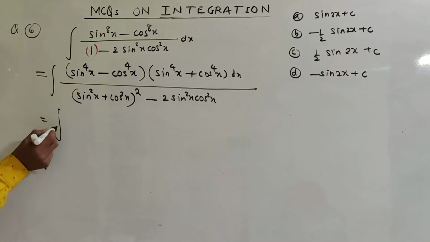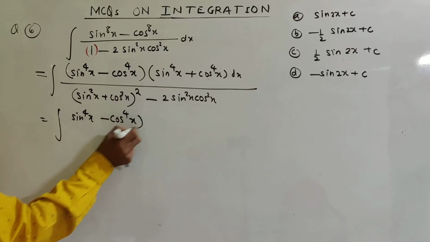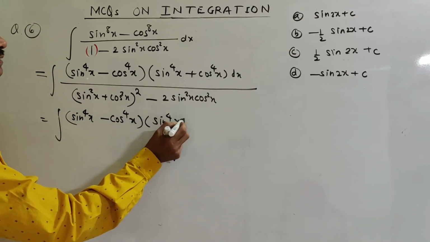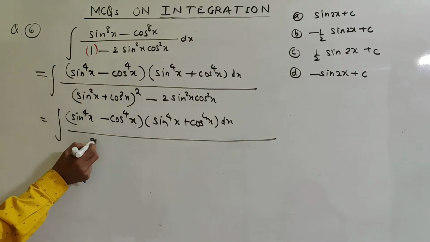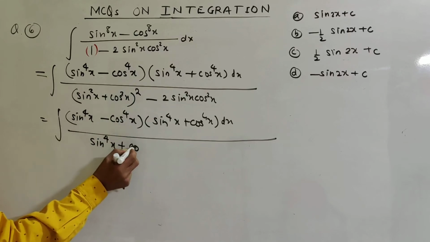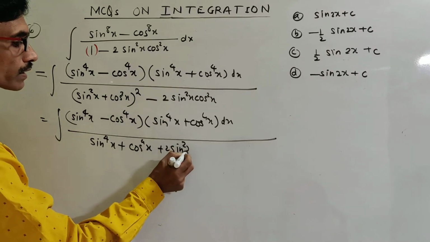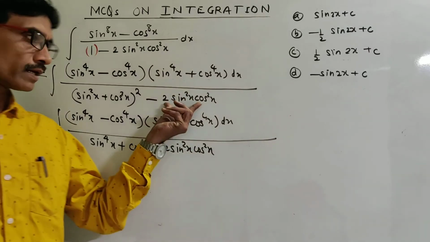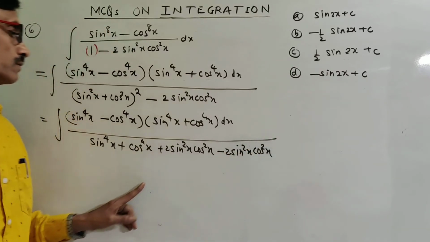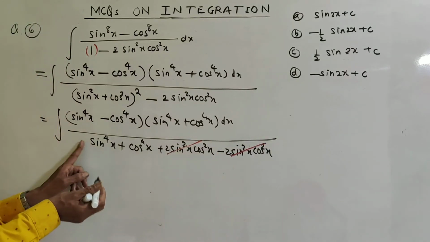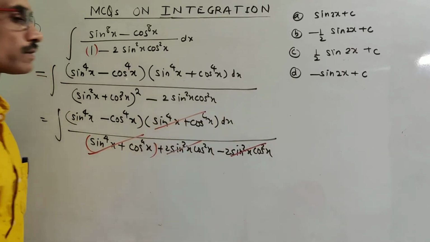So it is the integral of (sin⁴x - cos⁴x) dx upon the expansion of this: sin⁴x plus cos⁴x, and the middle term is 2 sin²x cos²x, and this again minus 2 sin²x cos²x, which is getting cancelled, so that again sin⁴x + cos⁴x will get cancelled.